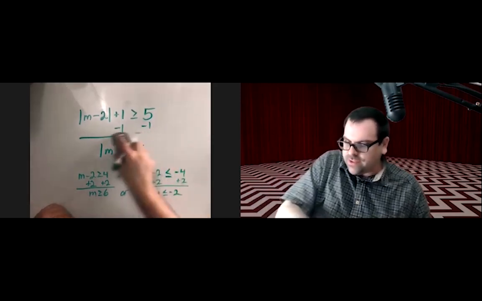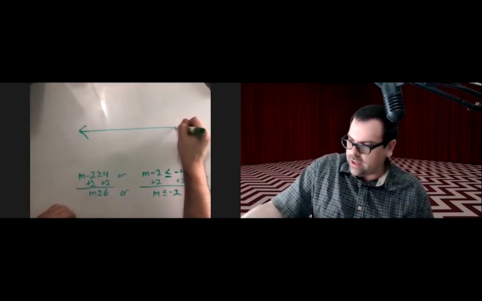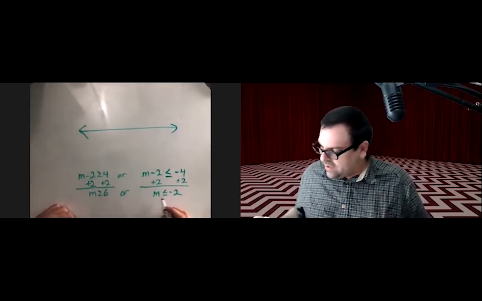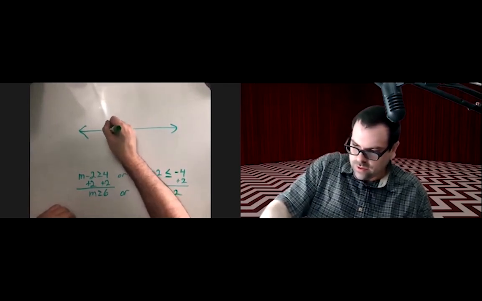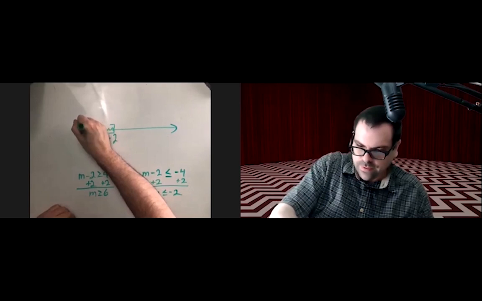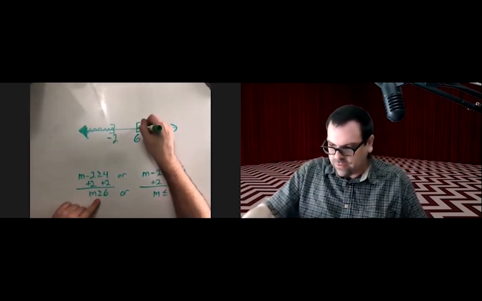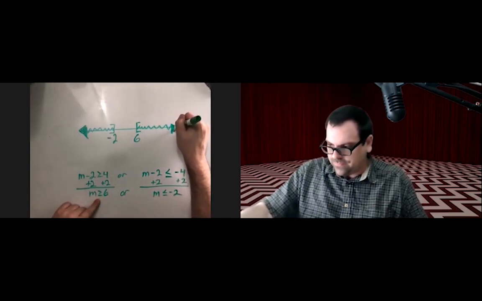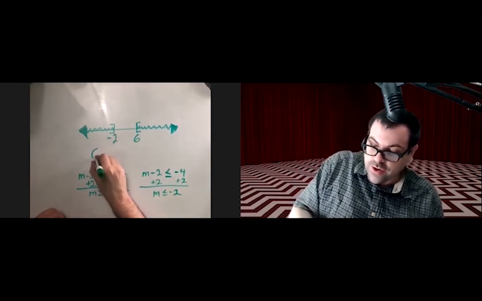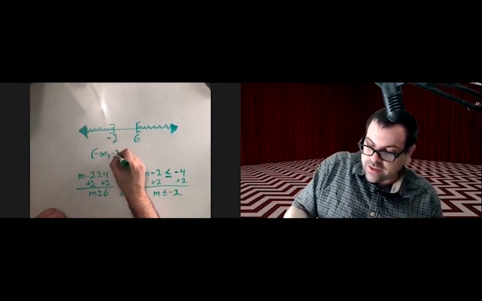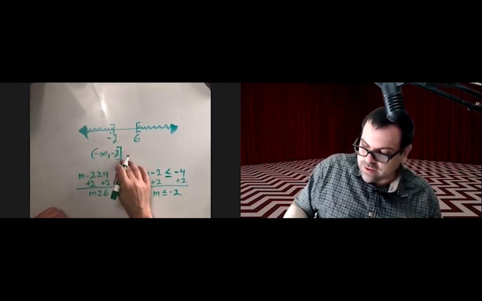How do we graph this? On a number line, we have less than or equal to negative 2. We have a 6, and we are greater than or equal to that. In interval notation, negative infinity to negative 2. Square bracket, because of that or equal to.